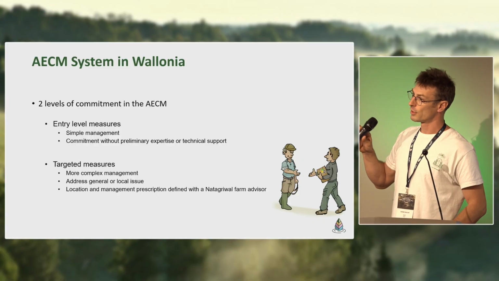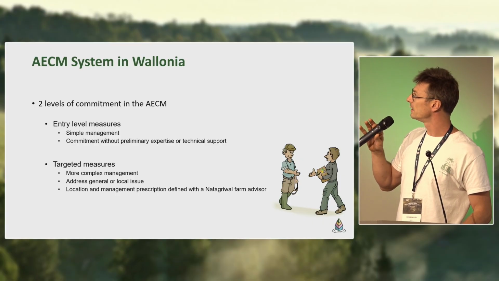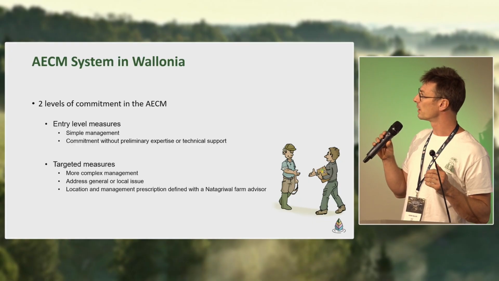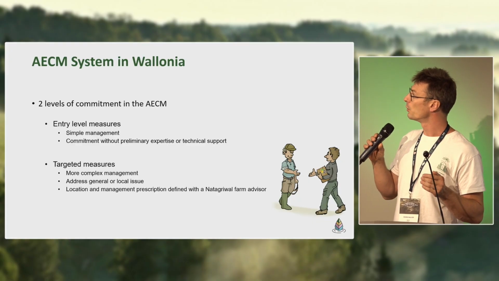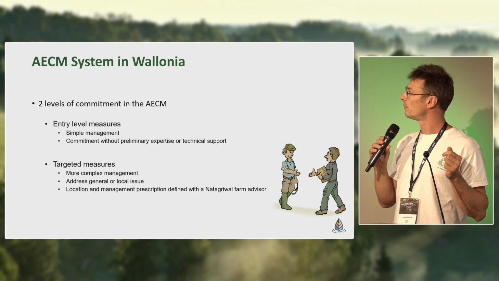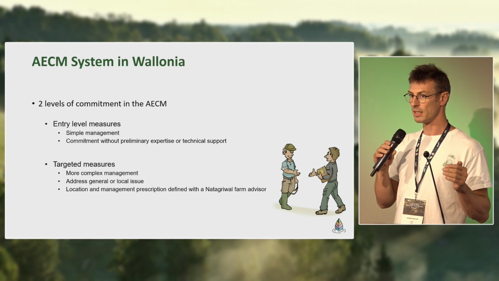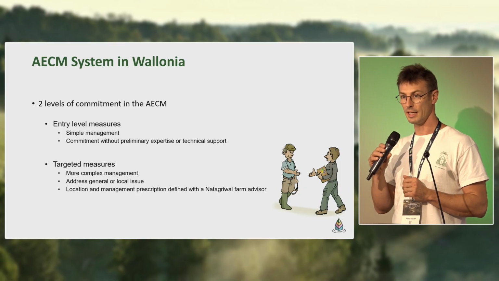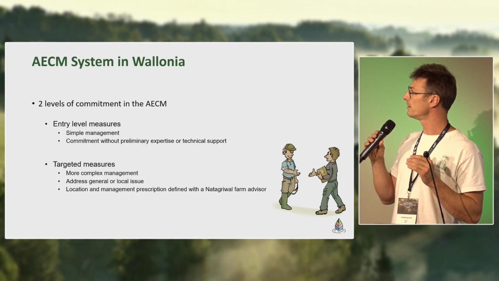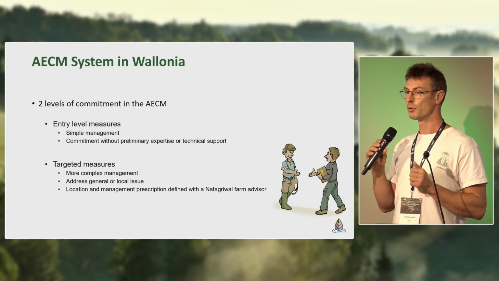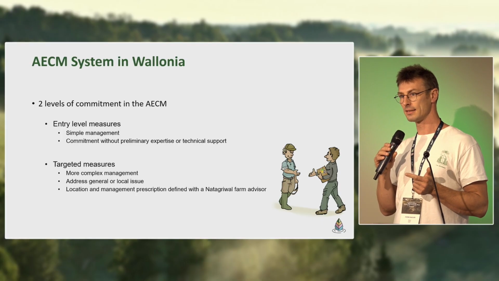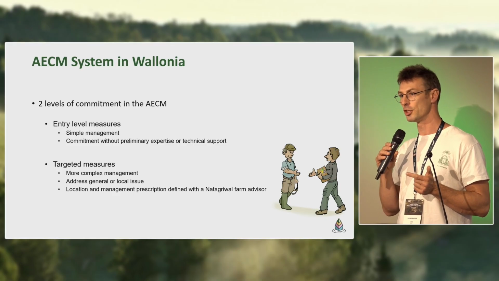And now we'll switch to the agro-environmental schemes. We have 2 kinds of schemes. We have some schemes that we call entry-level measures, which means that they have a simple management and farmers can implement them by themselves without asking any help or any advice. Then there is the target measure, which has a more complex management, and generally they address general or specific issues.